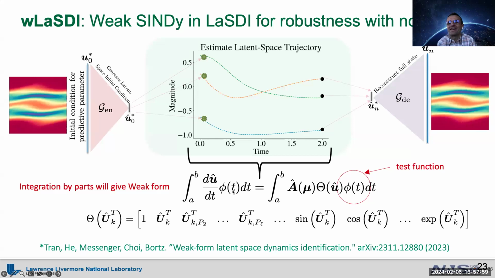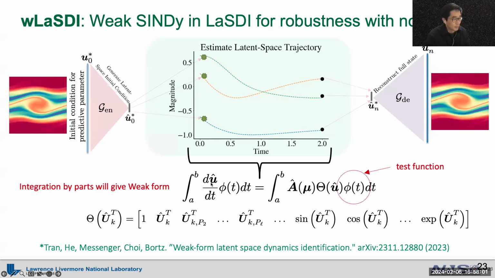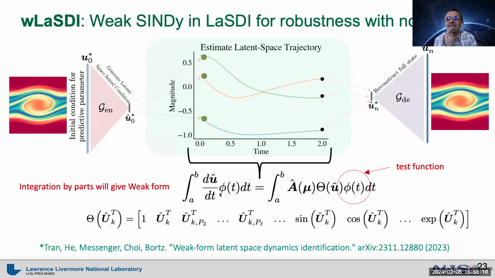We can design that. I see. So you don't have to take the approximated derivative using the noisy data. So that allows you to avoid that. Those two factors actually help. I see. So noisy data, yeah.